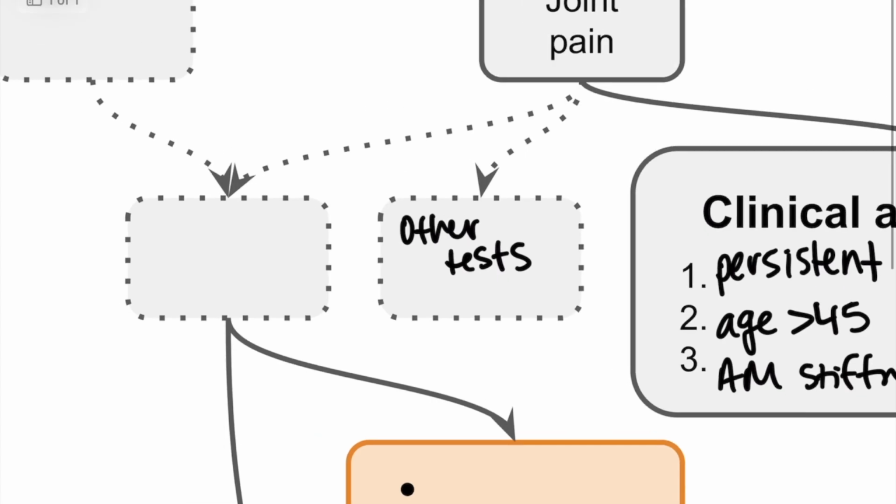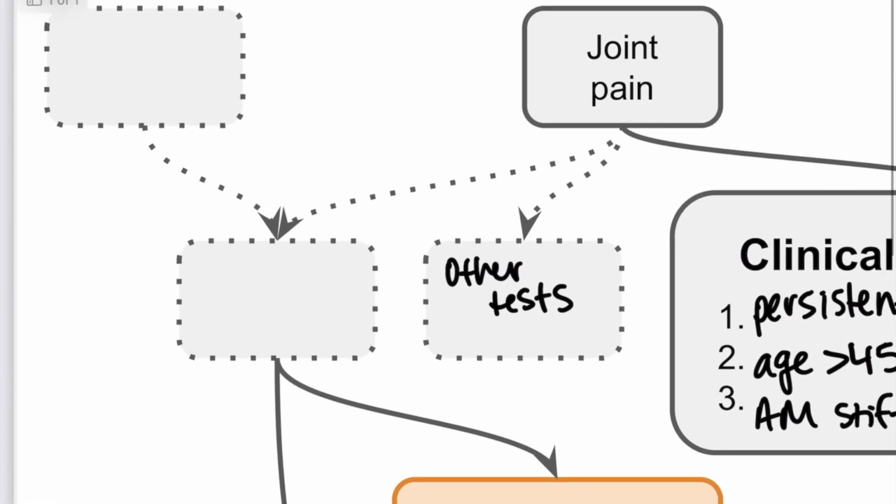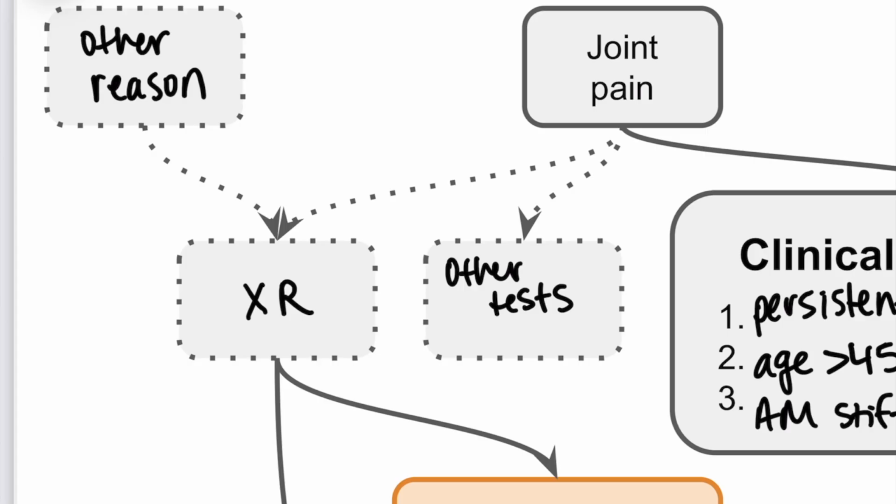One test that is very common, though, and can help us identify radiographic findings of osteoarthritis would be an X-ray. That X-ray might occur because you're looking for radiographic findings of arthritis, or you might have had a different reason that you're getting the X-ray, and maybe findings of osteoarthritis are just incidental.